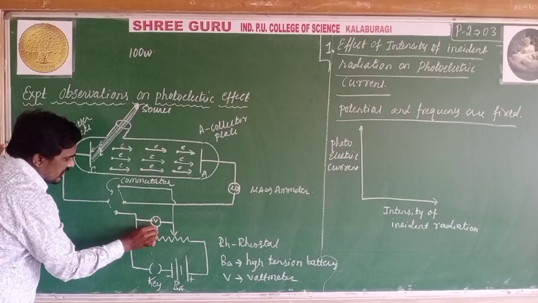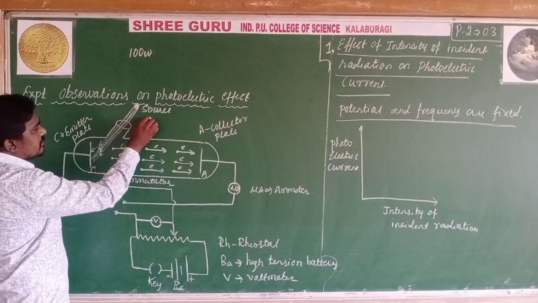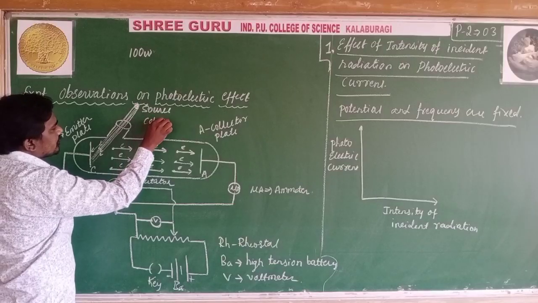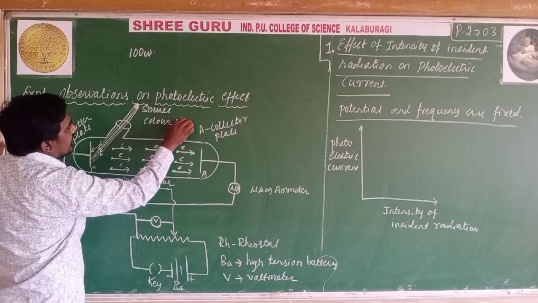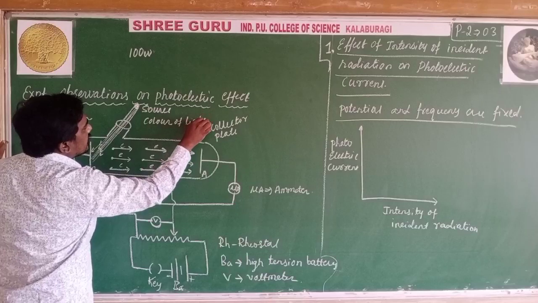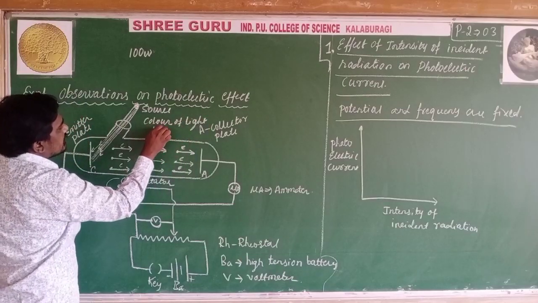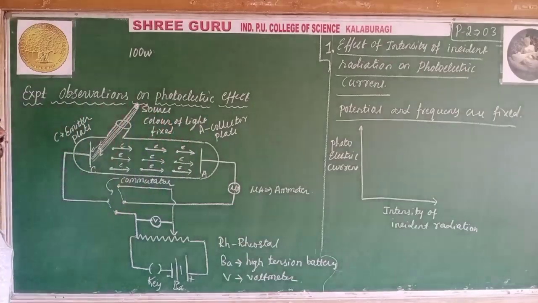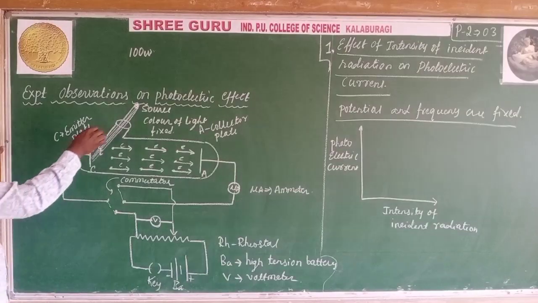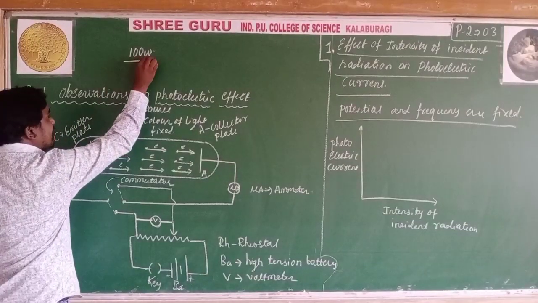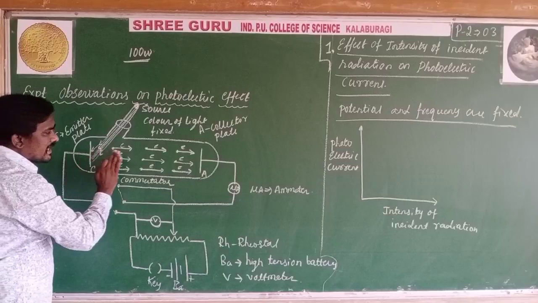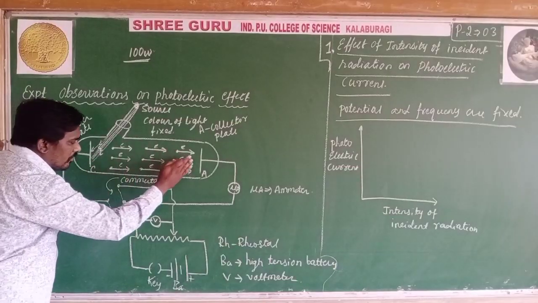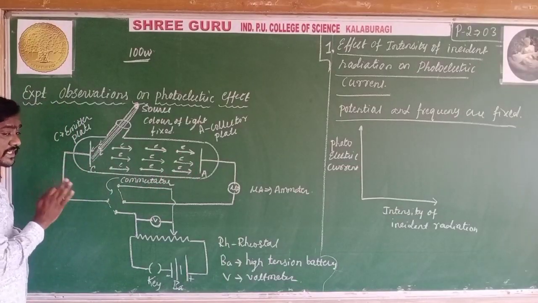The potential is fixed and the frequency, meaning the color of light, is fixed. With 100 watt intensity, some electrons are ejected, and that amount of current constitutes in this circuit.